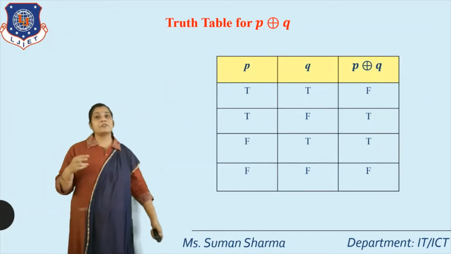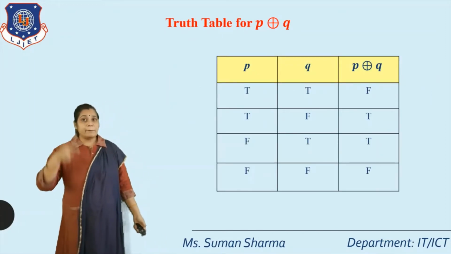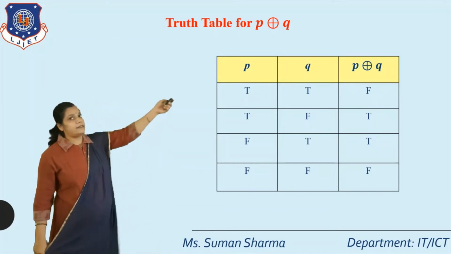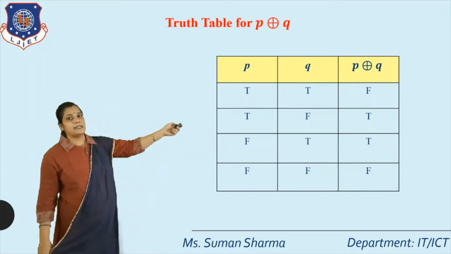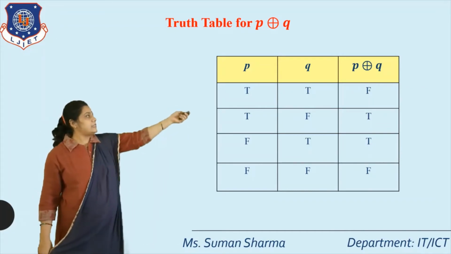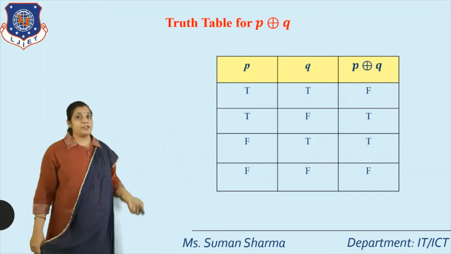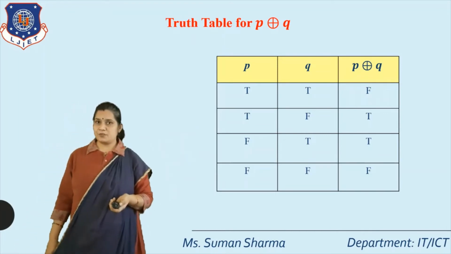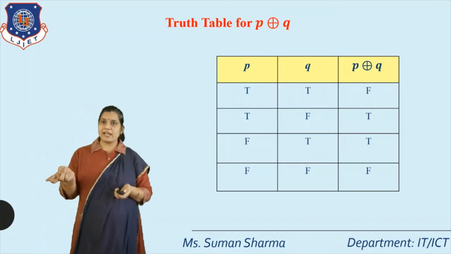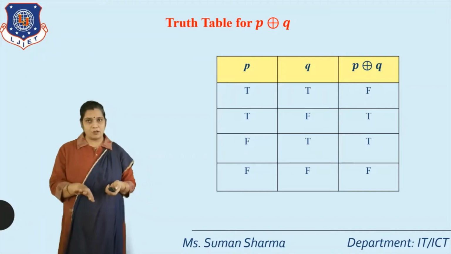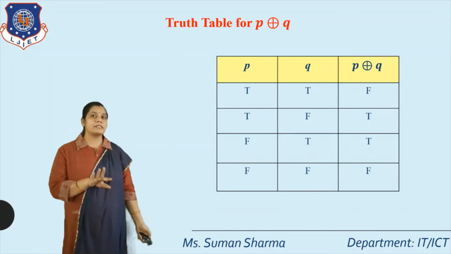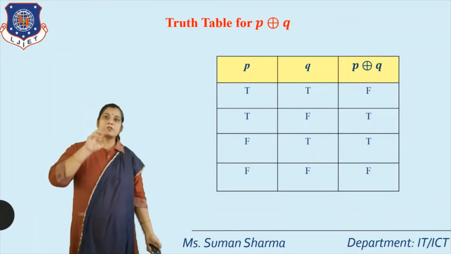So here the truth table of P ring sum Q is equal to what? First we write P: T, T, F, F. Q is T, F, T, F. So P ring sum Q, that means what? If one statement is true and the second statement is false, or one statement is false and the second statement is true, then the result is true.